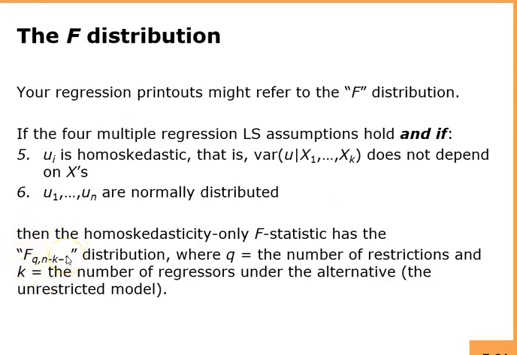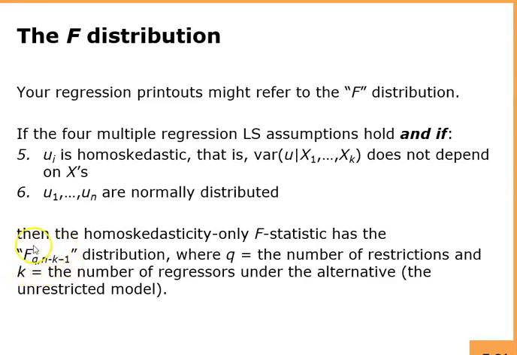So remember that when there is heteroskedasticity and we have to refer to the F-stat formula which accounts for heteroskedasticity in the error terms, this is not the distribution that we are looking at.